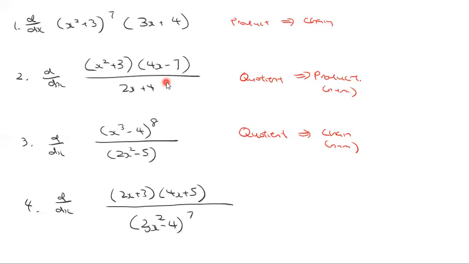Paris, what would we need to do? Quotient. Is that all? Need to do the chain rule for the bottom one, the denominator. Is that all? And then you need to do the product rule for the top. Right.